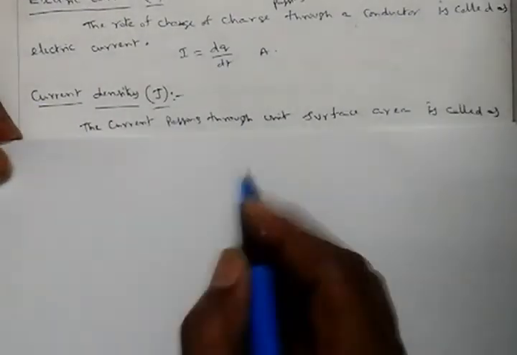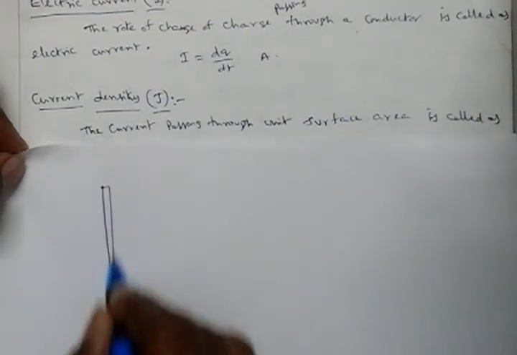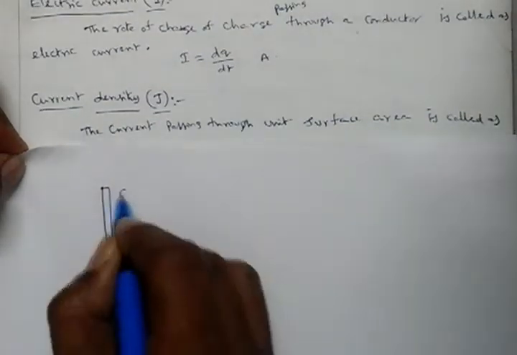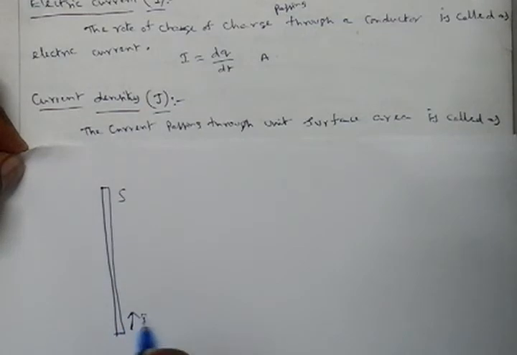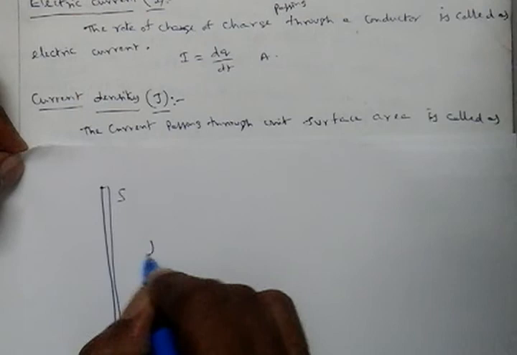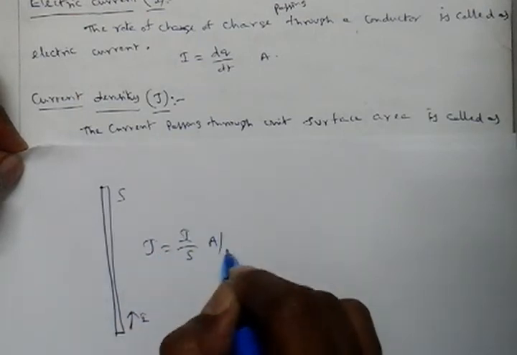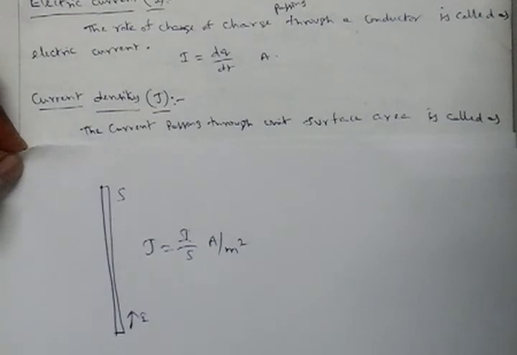Consider this conductor having surface area S, through which the current is I. So the current density of this conductor J is equal to I divided by S. The unit of I is ampere and the unit of S is meter square.